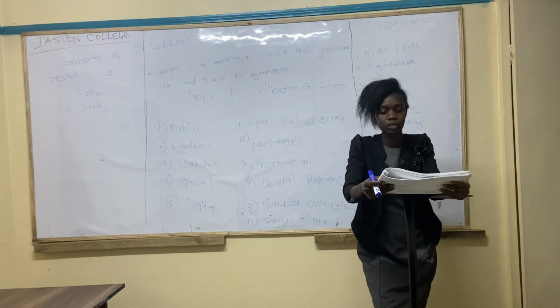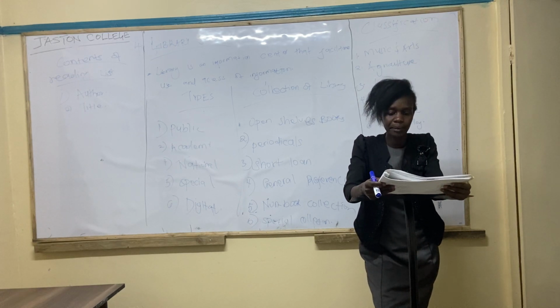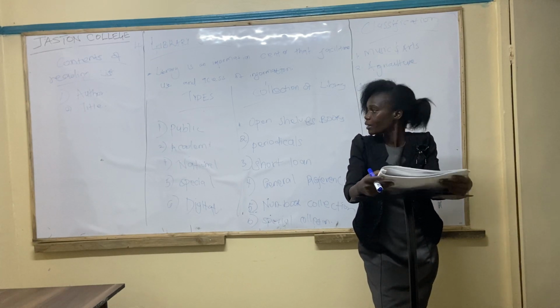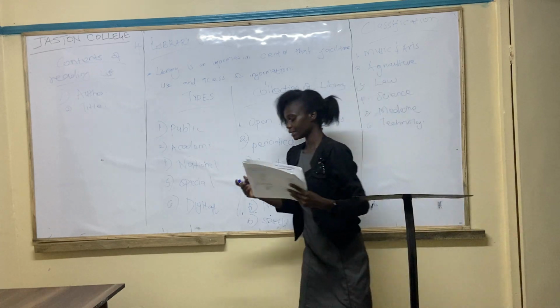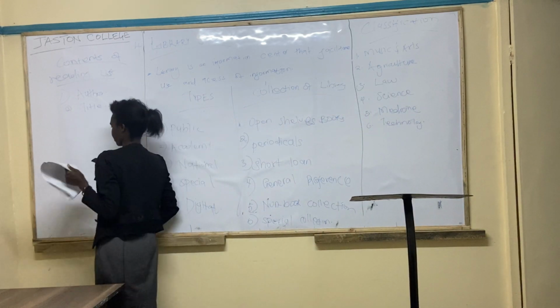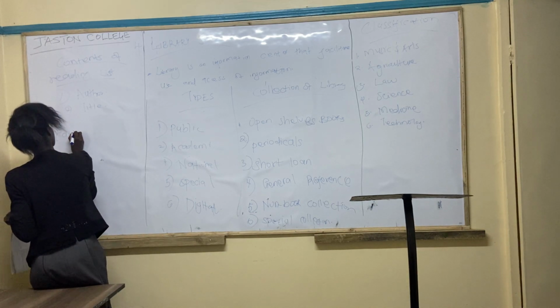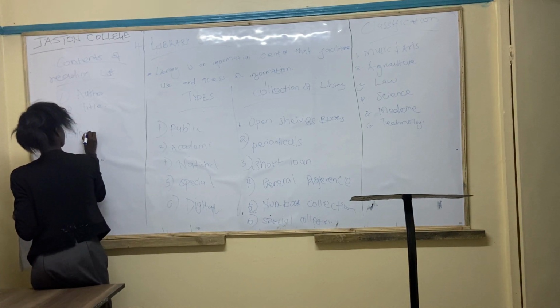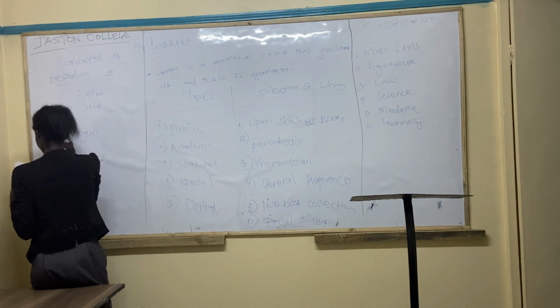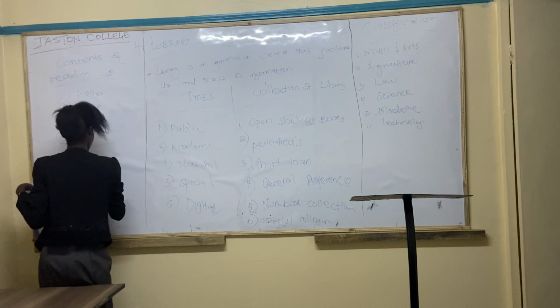So we go to forms of catalogs. There are four types of catalogs. Let's name them. We have four.